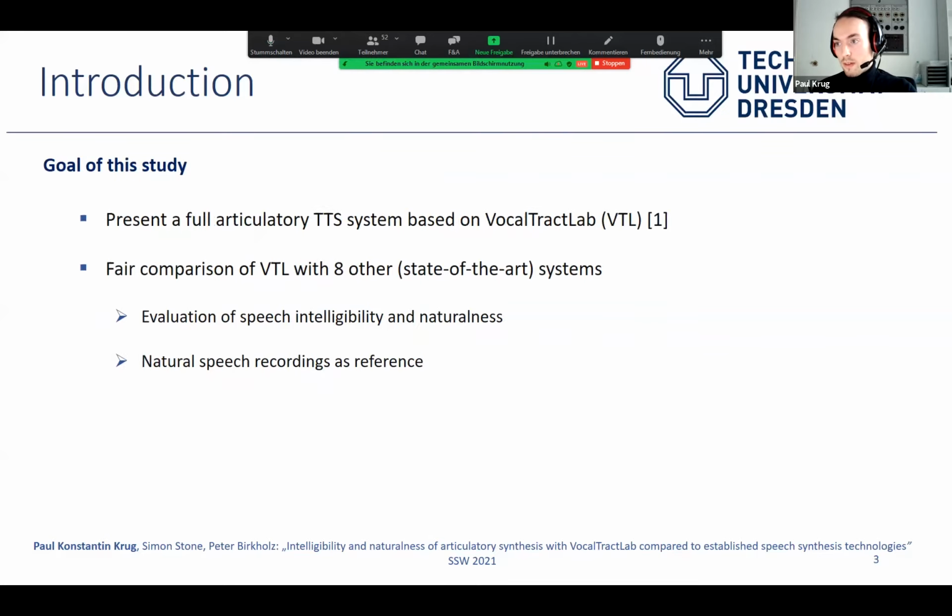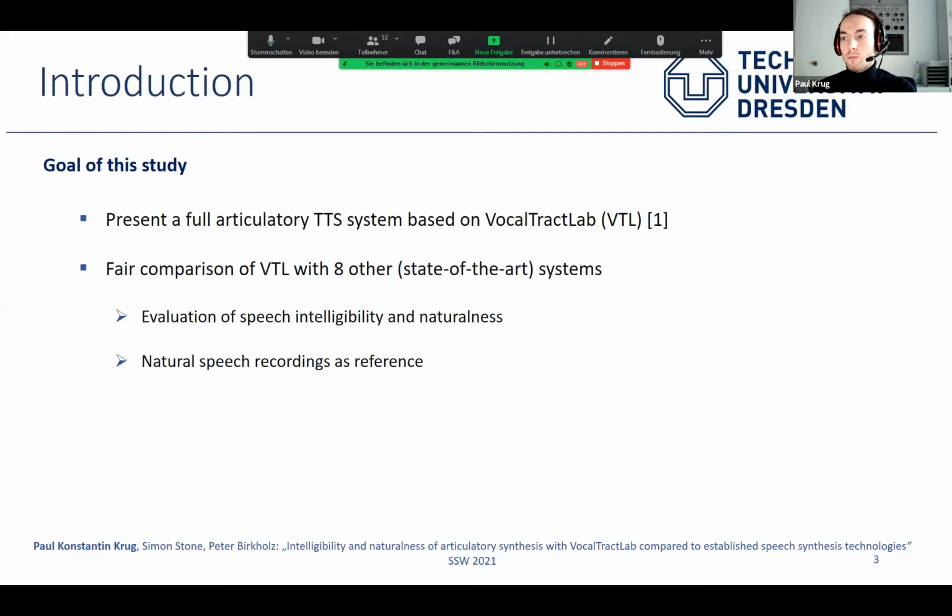However, recently the articulatory synthesizer Vocal Tract Lab was released in a new version, which includes a phoneme to speech functionality, and you can actually turn this into a text to speech system.